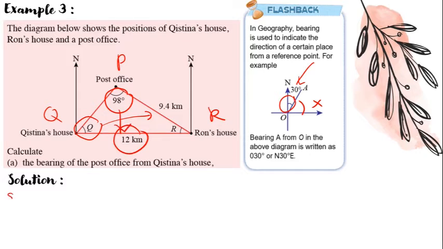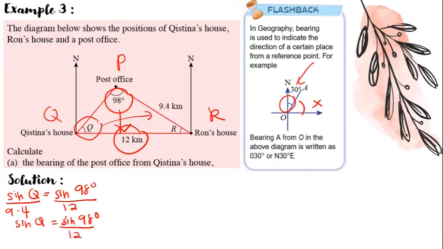So we write sin Q over 9.4 is equal to sin 98 degrees over 12. So sin Q is sin 98 degrees over 12, multiplied by 9.4.